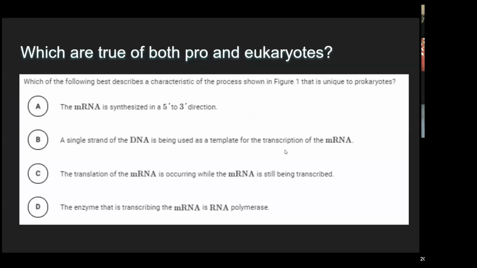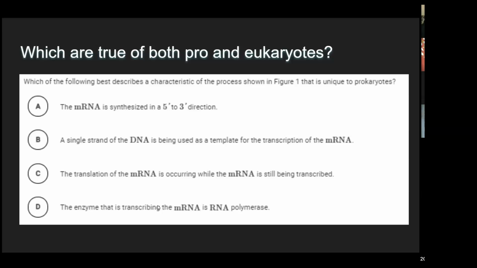So now we're ready for our questions. So it was asking about which of the following best describes a characteristic of the process that is unique to prokaryotes. So it's only true of prokaryotes. So as you read these, if any of them are also true of eukaryotes, you have to rule them out. So which ones are we going to rule out because it's true of both? B. B is true of both.